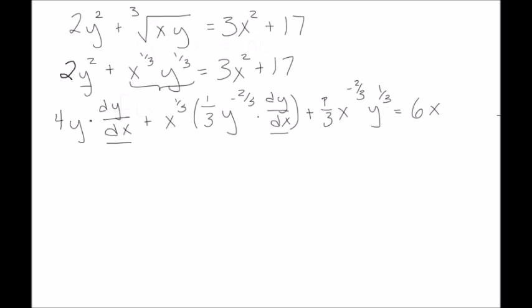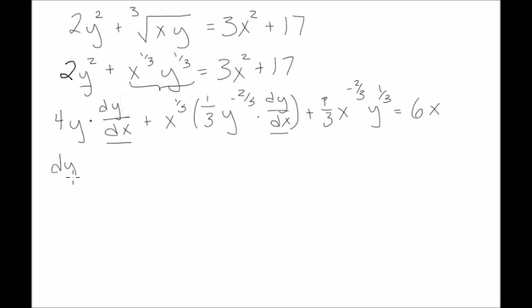So I notice that my third term on the left does not include a dy dx. I'm going to move it to the right-hand side. I'm also at the same time going to factor out this dy dx from the first two terms on the left-hand side.